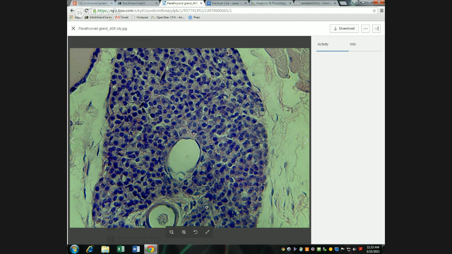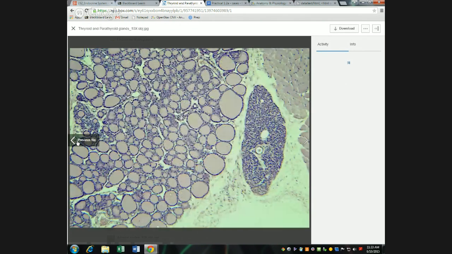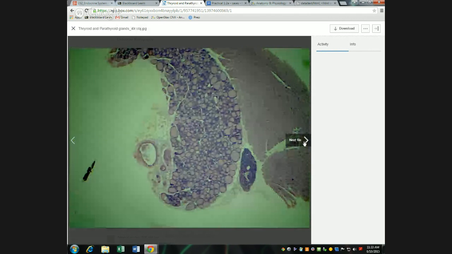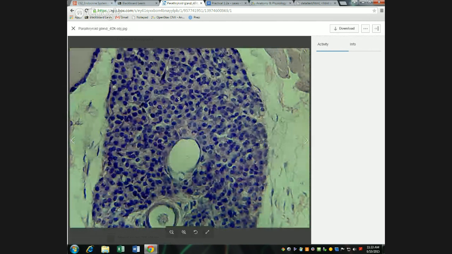Now, if I could take a little snapshot of a region of parafollicular cells in the thyroid gland and put it next to an equal size of parathyroid gland tissue, they'd be indistinguishable. They're pretty much exactly the same.